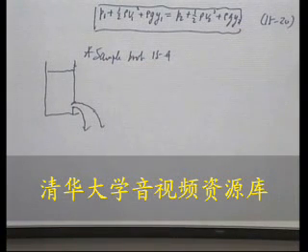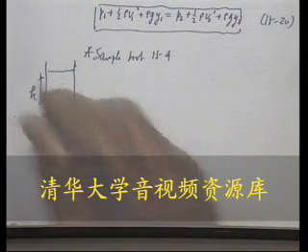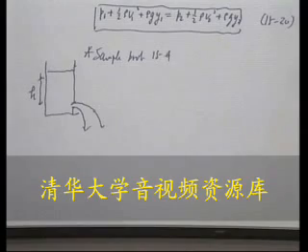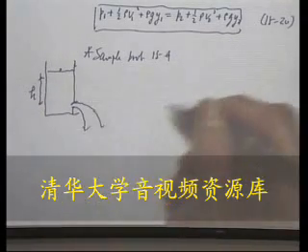So let us apply it. We assume that this is smooth flowing. If it is too large a height, it could become turbulent. But let us have a not too large height. So suppose this drop of height is h.